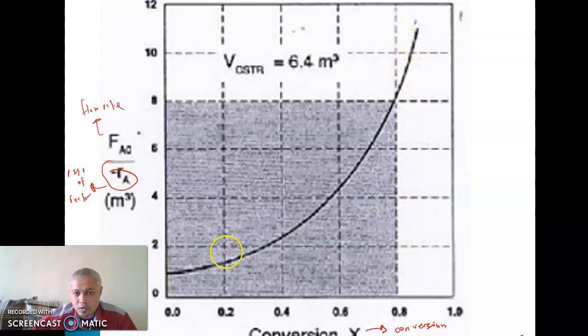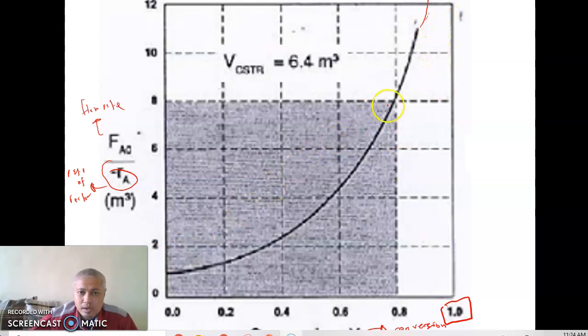If you look at this plot, this is the curve, and this is conversion equals 1. If we go this way, we will not touch this 1. It will go like this, so it will become infinity. And why is the rate approaching 0?